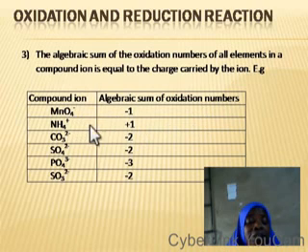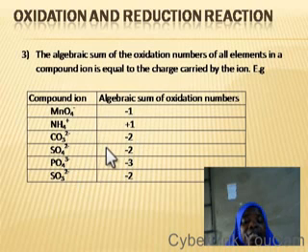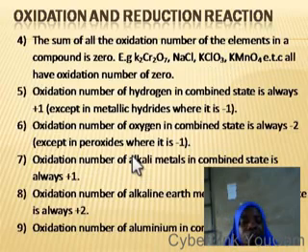Ammonium ion is +1. Trioxocarbonate 4, tetraoxosulfate 6 is carrying -2, and so on. So the algebraic sum of the oxidation number of elements in a compound ion is equal to the charge carried by that particular ion.